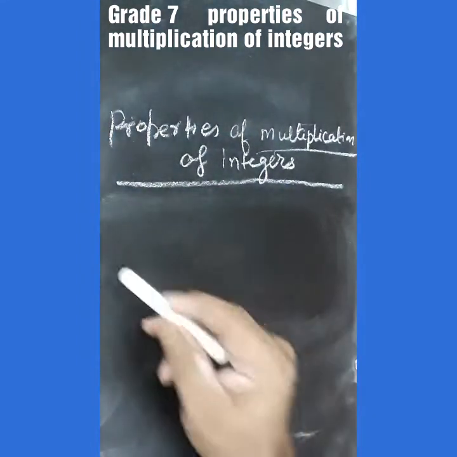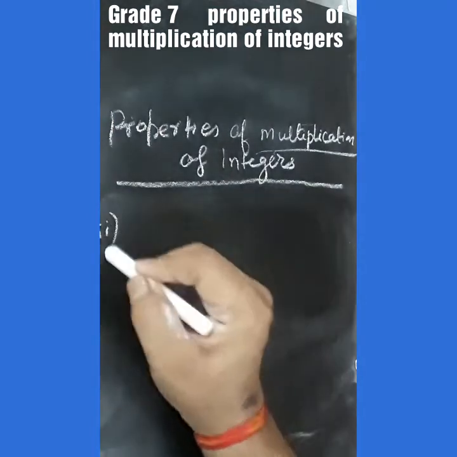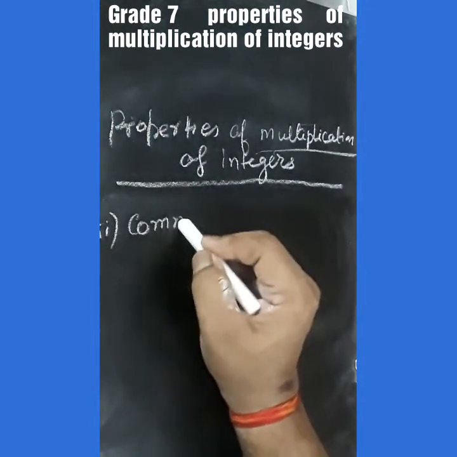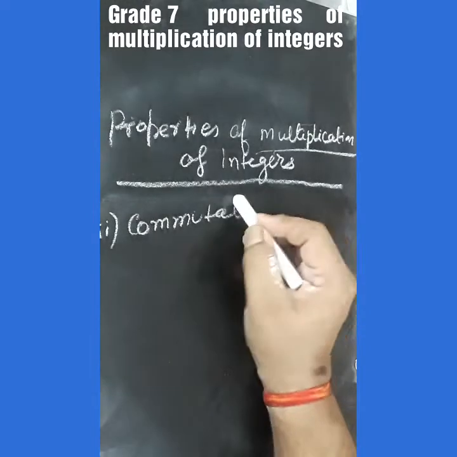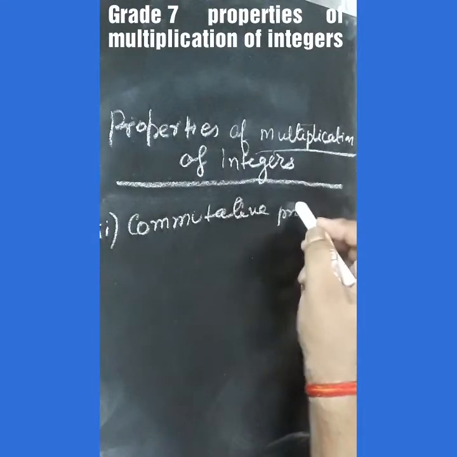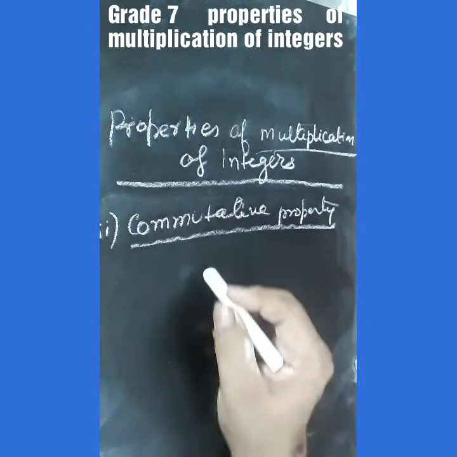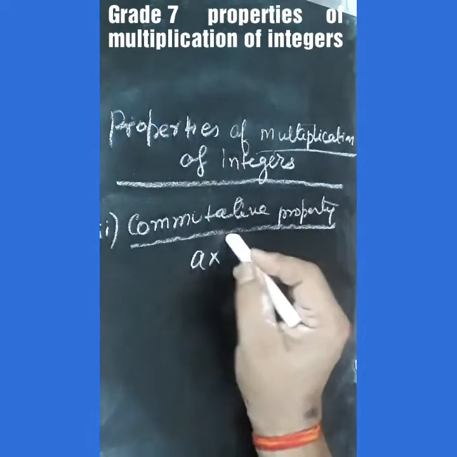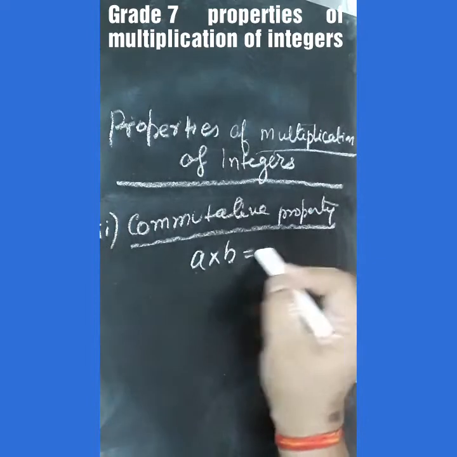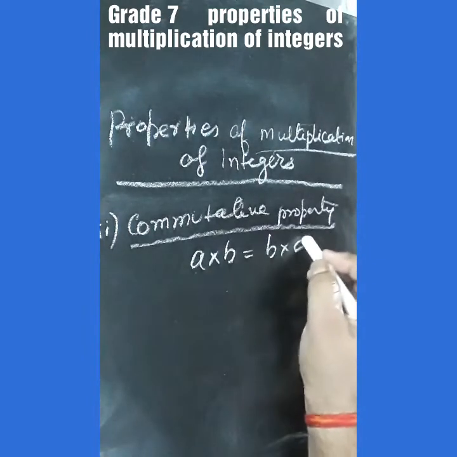Now we will see commutative property of multiplication. It means if we multiply a and b, a into b, it will also be equal to b into a.